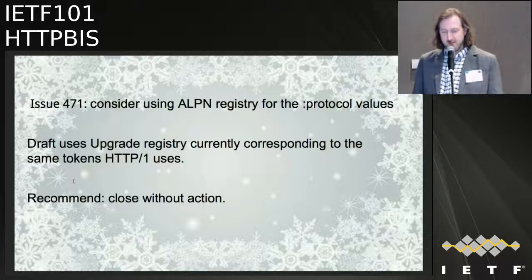And my rationale there is that we don't want a whole connection-based protocol value. What we're looking for is really the semantics we had with the upgrade registry. So my recommendation is to close this without action, but there was no further discussion, so I wanted to raise it. Oh yes, I am pausing for further discussion.